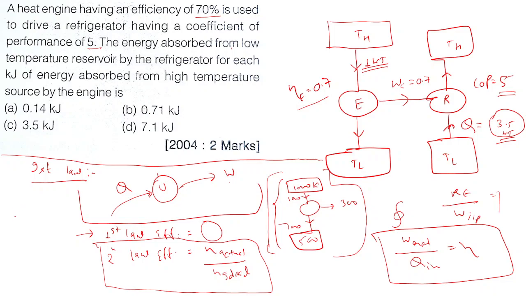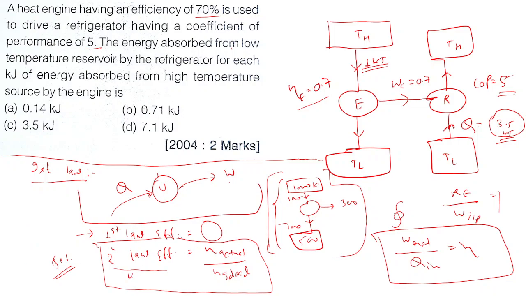And they will say 50% of ideal is the real efficiency, so second law efficiency is 50%. Like in vapor absorption, whatever formula we are using, that is the ideal efficiency, and if it says 0.15 of ideal, then second law efficiency is 0.15.